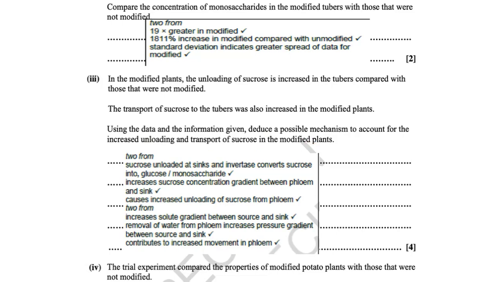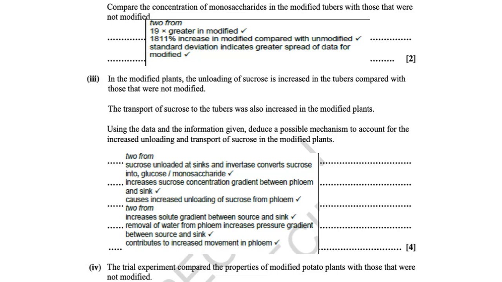What they're looking for here is for you to realise that the sucrose is being unloaded at the sink, which they've told you the tuber is, and that the presence of the invertase, the enzyme produced by the insertion of the invertase gene, is going to convert the sucrose into monosaccharides, which are glucose and fructose.